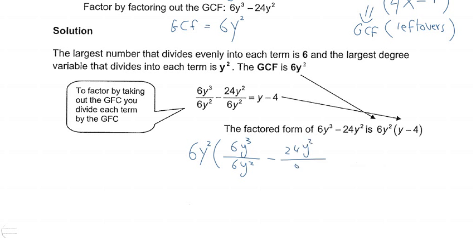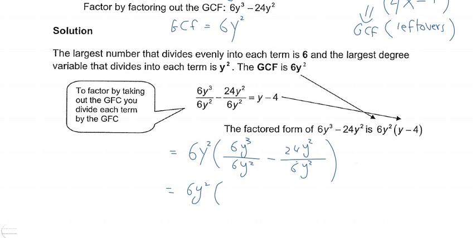That's a 6. Okay, so I have my GCF, and I have my terms. So when I divide 6 by 6, what do you get? So they cancel each other to 1.